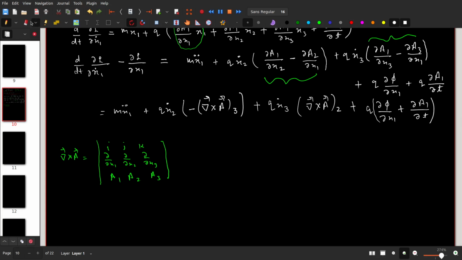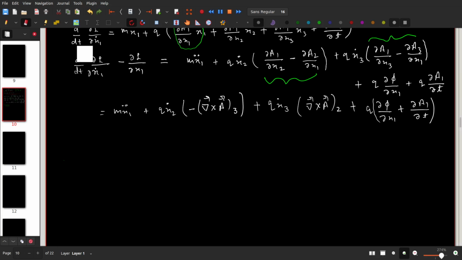So now we get mx1 double dot. Magnetic field, as we have seen before, is curl of A, and electric field is minus gradient of phi minus del A by del t.